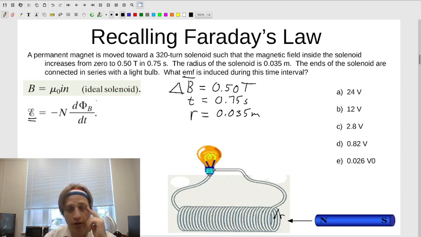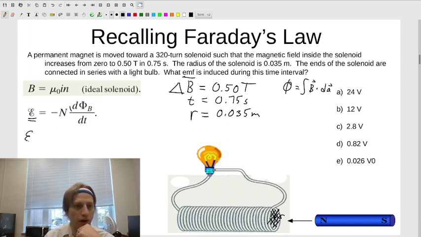Now, you might want to keep in mind, magnetic flux is the integral of the magnetic field dotted with the surface area vector over a surface. So we're looking at this surface here, and essentially we're going to take the change in flux over the change in time, multiplied by N, the number of loops in that solenoid.